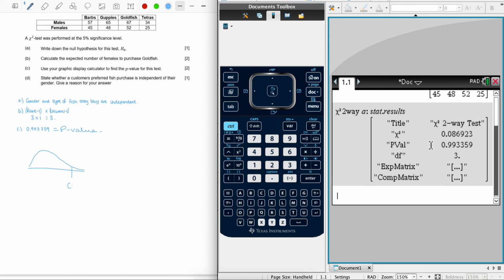So if this is my critical value, and this percentage here is 99.3%. And this tells me that it's a 5% significance test, which means that we want the area of the chi-squared value.